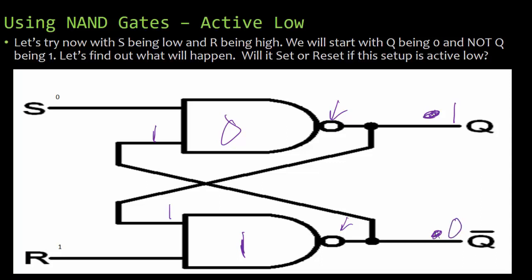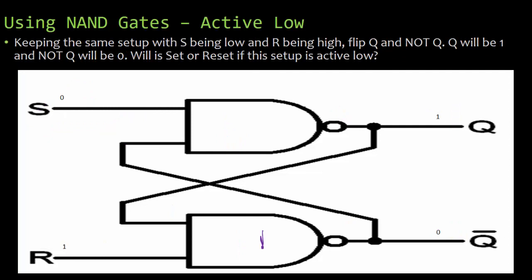If you're worried about this up here, that's fine. Get rid of this 1, put a 0. 0 and 0 still give me 0. Hitting this inverter still gives me a 1 because it's active low, and S in this scenario is low because we're using NAND gates. It will set the latch, making Q 1, not Q 0. All right, let me get rid of this down here because I did not mean to write that.